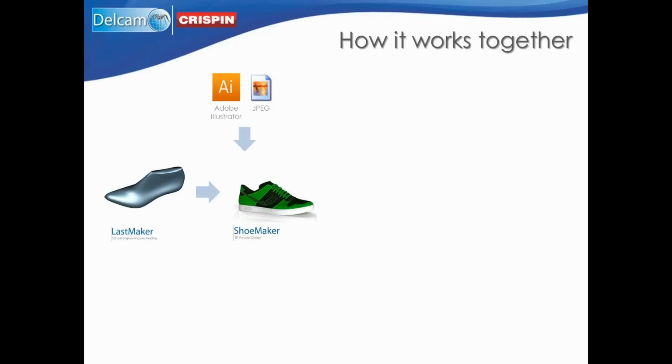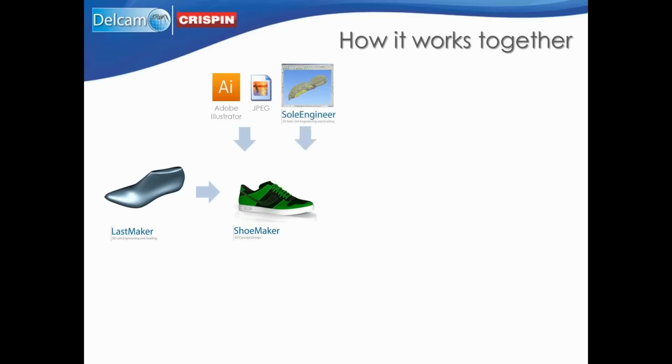It will immediately convert vectors into 3D style lines so you can make necessary alterations quickly and easily. Alternatively, you can use a digitizer, touchscreen, or your mouse to draw style lines directly onto the last. And we'll show you how to do all of this in the demonstration a little bit later on in today's webinar.